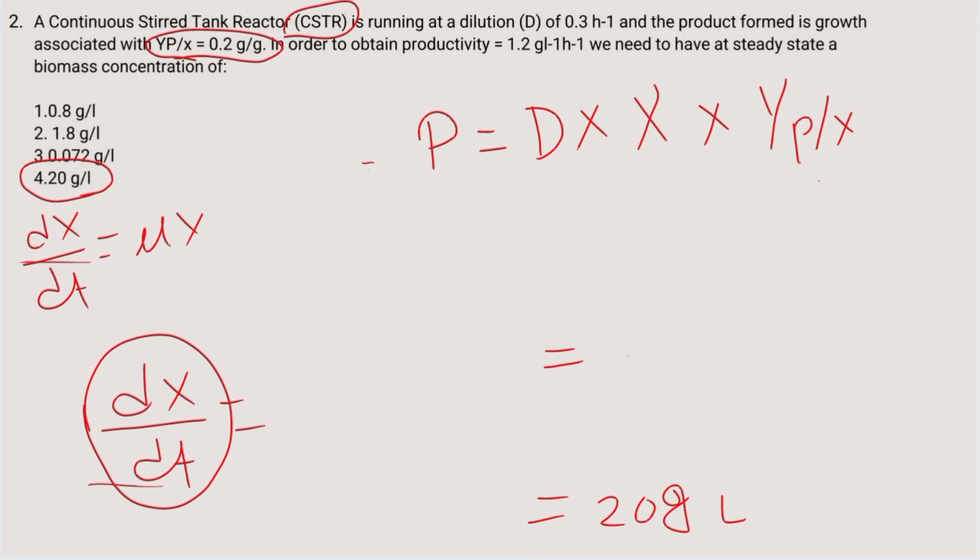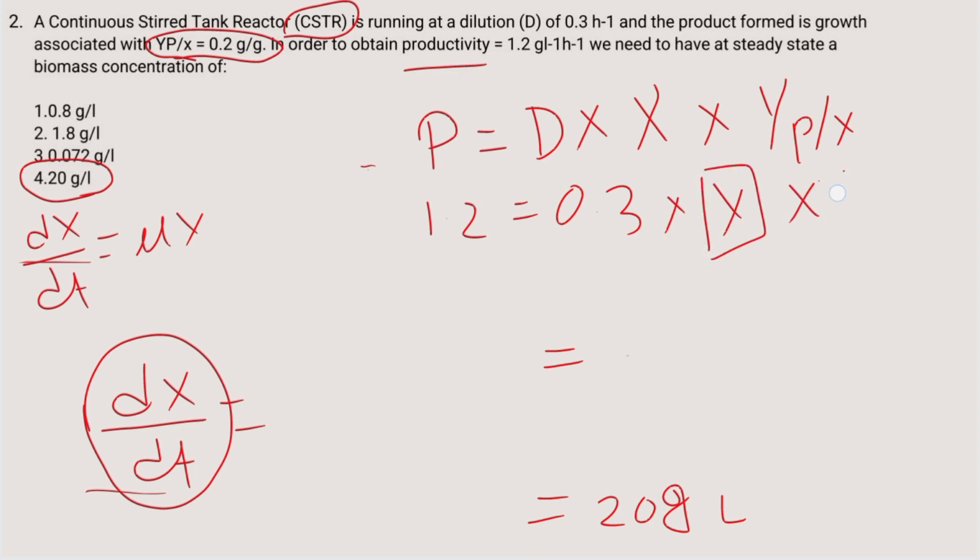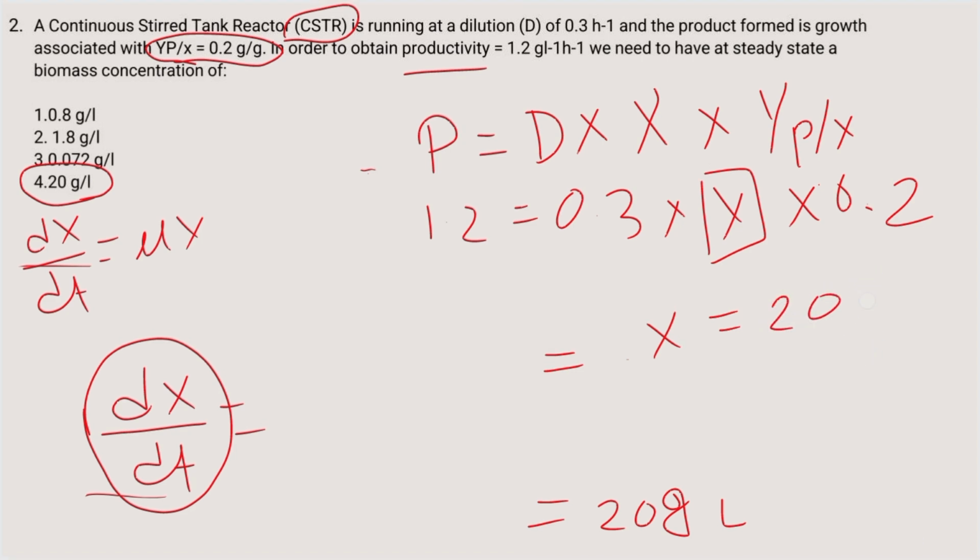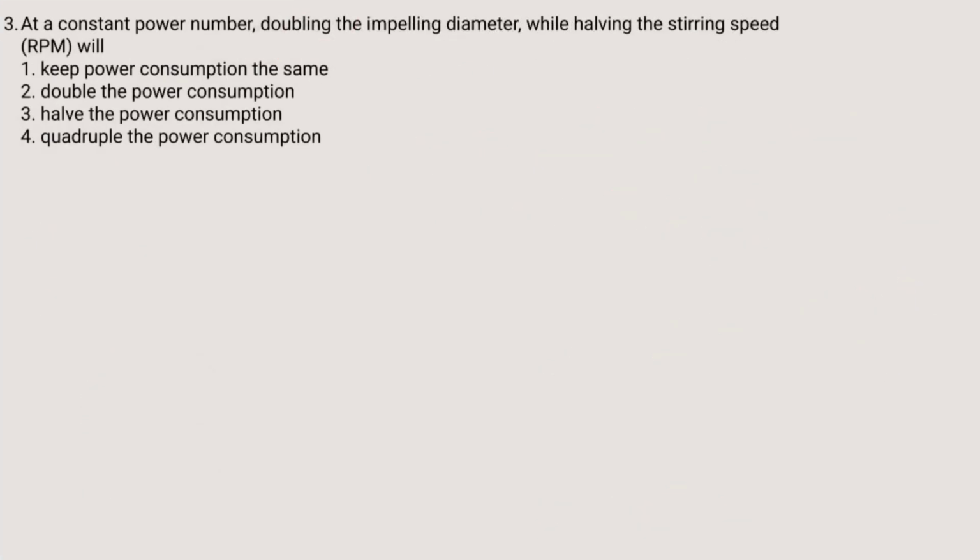So from there you can also get the value. It is 1.2, it is 0.3, and you have to determine that X, and this is 0.2. From this equation you also can get X will be 20 gram per liter.